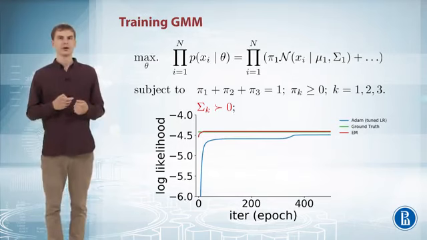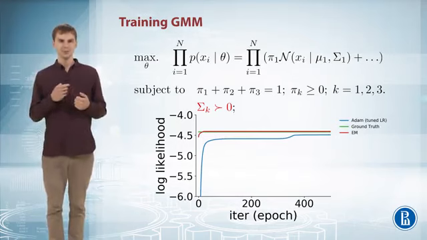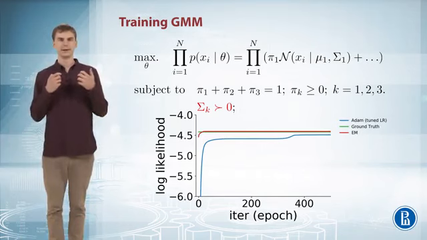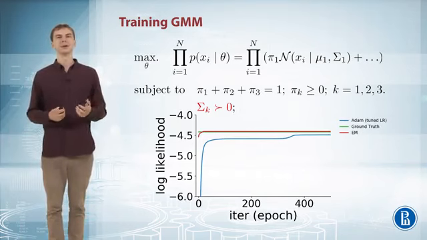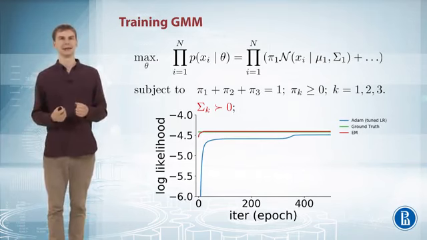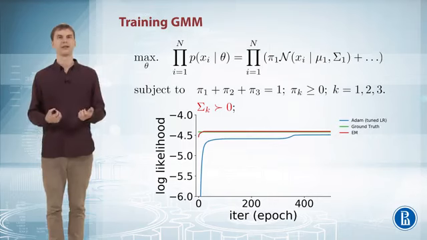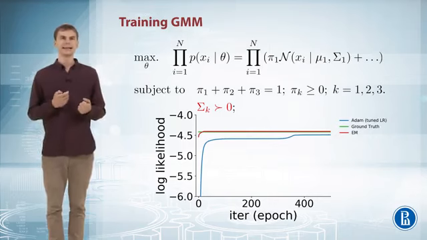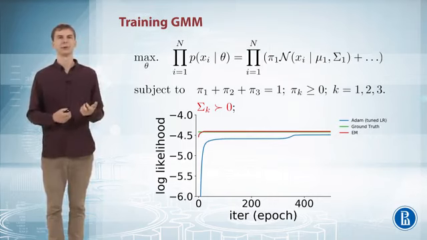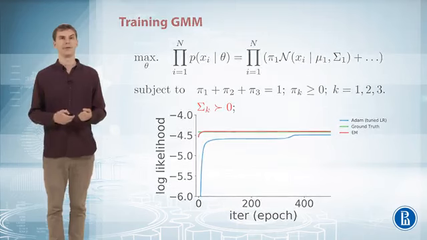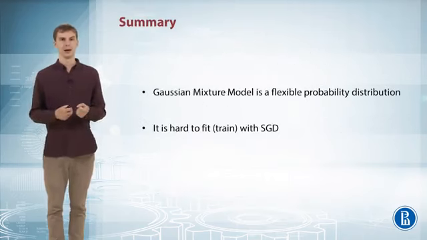So to summarize, we have two reasons not to use stochastic gradient descent here. First of all, it may be hard to follow some constraints which we care about, like positive semi-definite covariance matrices. And second of all, the expectation maximization algorithm, which can exploit the structure of your problem, is sometimes much faster and more efficient.